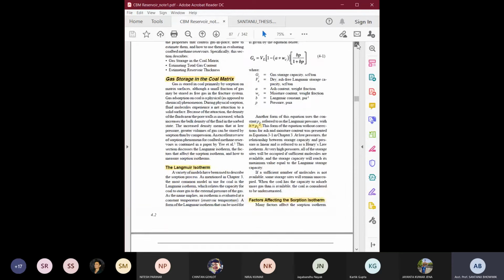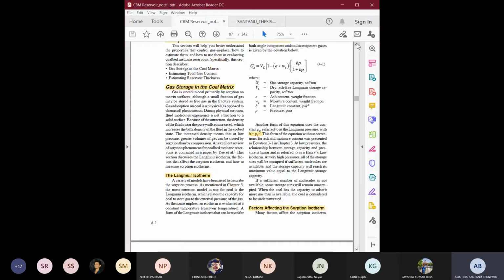This is the fundamental equation for Langmuir for pure gases, where you have represented it on a DAF basis, that means dry and ash free. That's why the moisture and the ash content are coming out. You have to subtract this component, and the VL and B or PL are the Langmuir constants defined as per the norms.